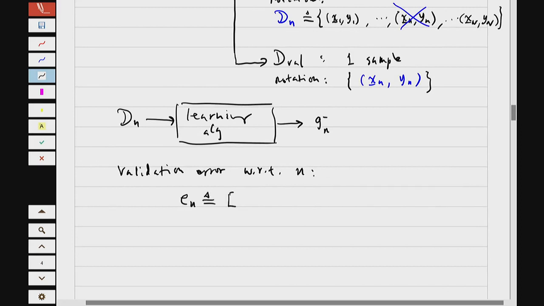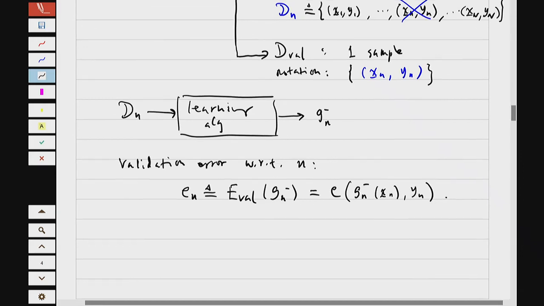It's simply our previously defined validation error. Since it's one data point, the average is just the error of this one data point itself, at xn, yn.